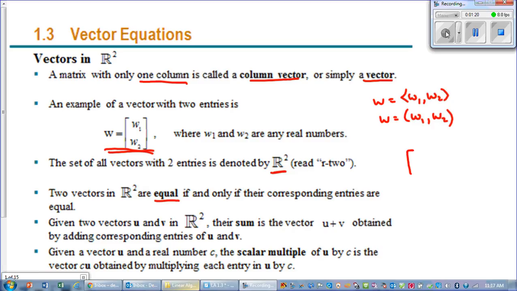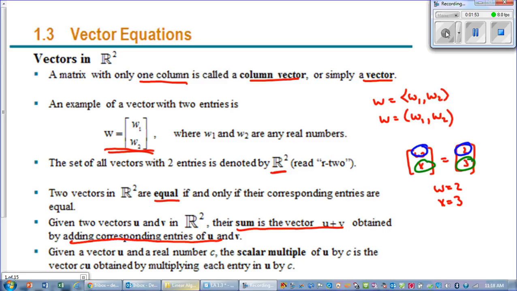So if I have one vector that's W and X, and another vector that I know is equal that has 2 and 3, I know that W has to be equal to 2 and X has to be equal to 3. The individual entries, the first entries and the second entries, must be the same for the two vectors to be equal.